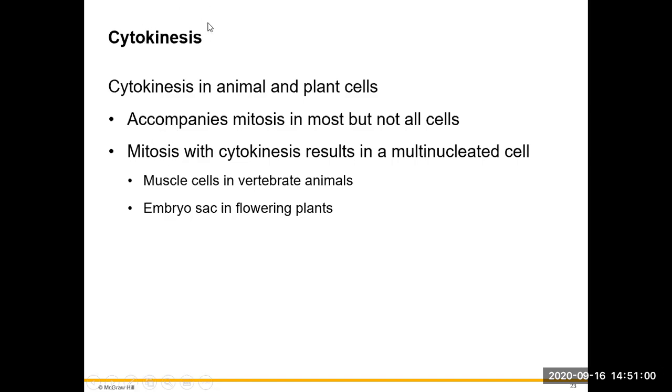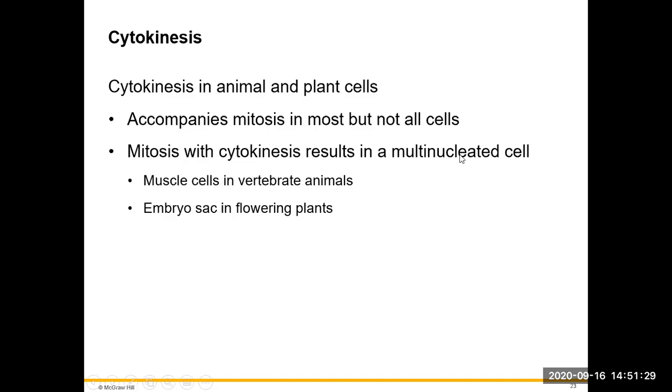But if you didn't go through cytokinesis, that means the cytoplasm of the cell is going to remain intact. That means there is a single cell, but you have two nuclei, and that makes that particular cell a multinucleated cell.